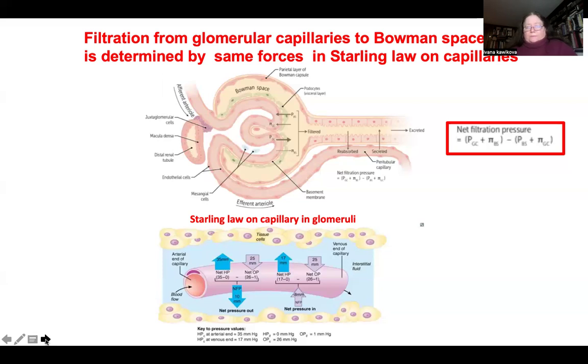So this determines the filtration, and the fluid from the Bowman space in healthy conditions then continues to flow into the proximal convoluted tubule and throughout the nephron.